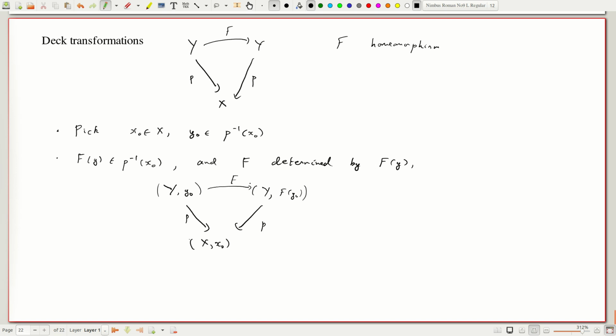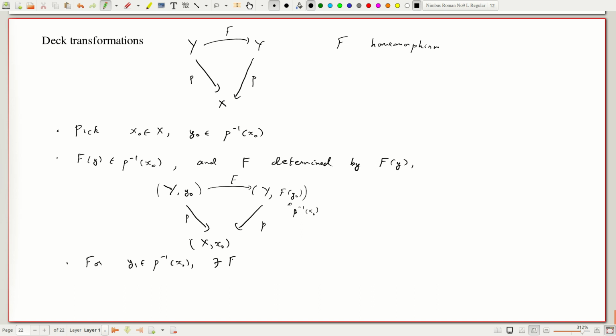And so uniqueness tells you that if we have f of y0, this is a point in p inverse of x0, so if such a map exists, it is unique, and such a map can exist only for points in the fiber. Further, we know that for y, suppose I pick a point y1 in p inverse of x0.